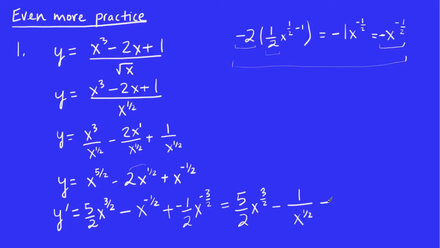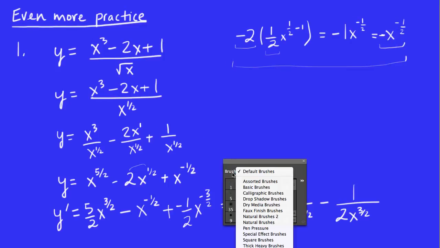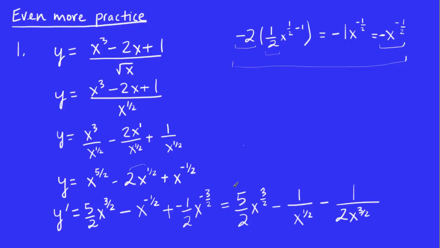And over here, instead of plus minus, let's just write a minus. And it's going to be 1 over 2 times x to the 3/2. And now it's all in positive exponents, so we're happy. And so that's our final answer for this one, okay?